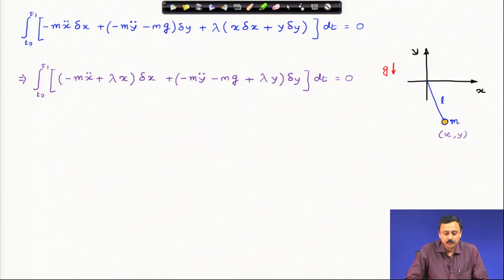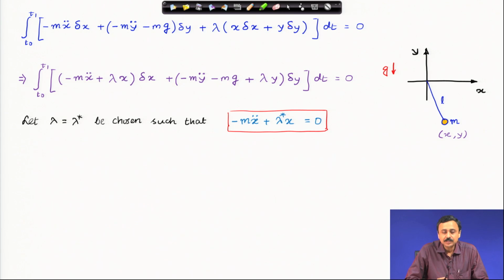Now, we will argue this way. Let us choose some lambda star. You see, delta x and delta y are not arbitrary, but what I can do is do away with one of these bracketed terms. There are two bracketed terms, one corresponding to delta x, the other corresponding to delta y.